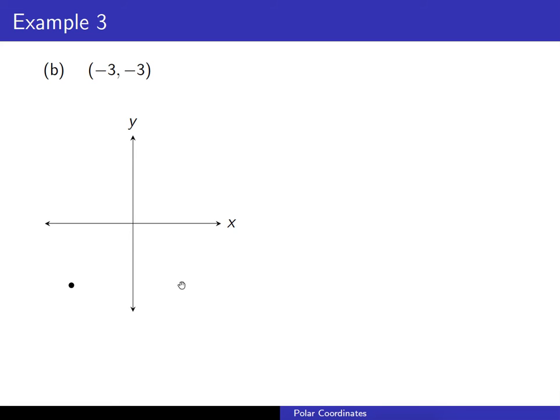Part B, negative 3, negative 3. We're in the third quadrant. So let's find our value of r using Pythagorean theorem. We get square root of 18, which is 3 times the square root of 2. So we have to go 3 times the square root of 2 units. And then we're going to have to rotate, and we're going to be beyond 180, but not beyond 270. So our angle of rotation should be between 180 degrees and 270 degrees.